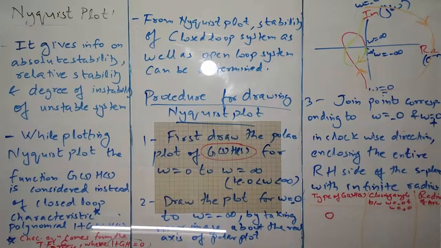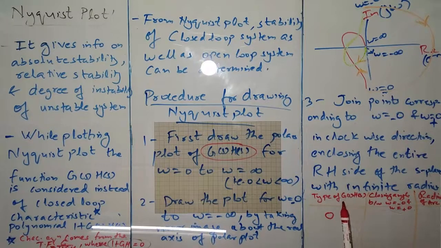Coming back to our subject, notice that we are talking about the type of G(s)H(s), and not the type of 1+G(s)H(s), or the type of the transfer function G/(1+GH). So this is the type of G(s)H(s).